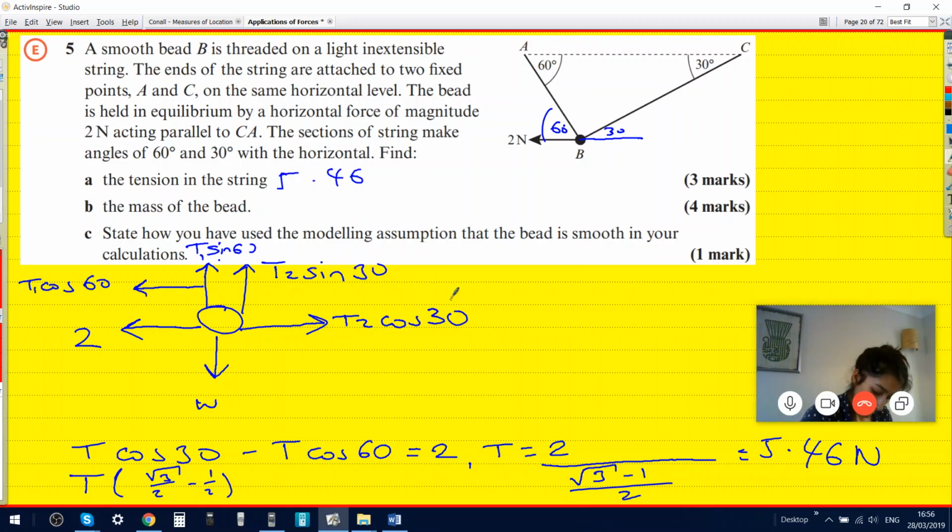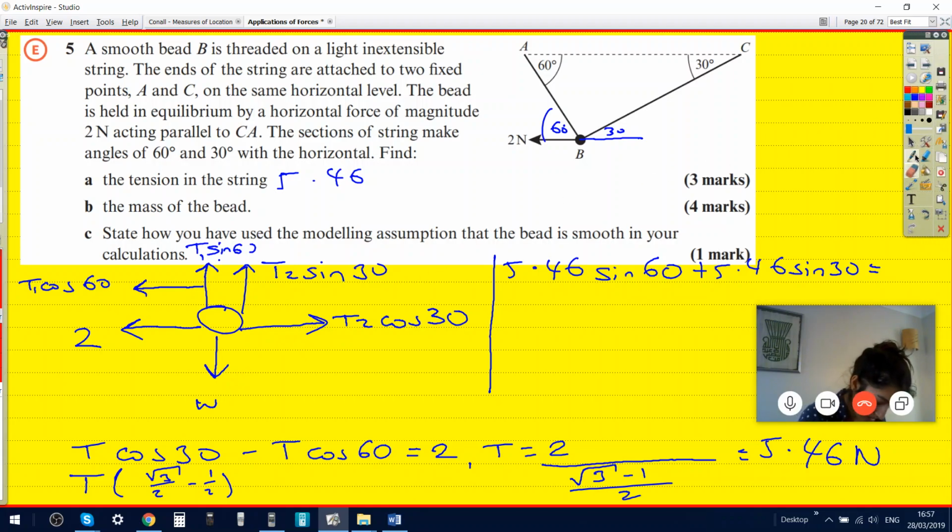B, mass of the bead. T sine 60, sorry, plus T sine 30, minus W equals 0, so it's equal to W. So substitute the T in: 5.46 sine 60 plus 5.46 sine 30.